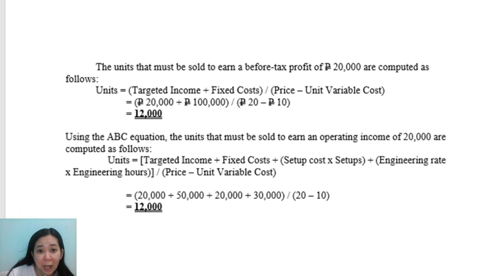What about under the ABC system? Here, using the equation that we have presented earlier, the units that must be sold to earn the operating income of 20,000 are as follows. Again, all you have to do is just follow the prescribed formula. So here, it's also 12,000.